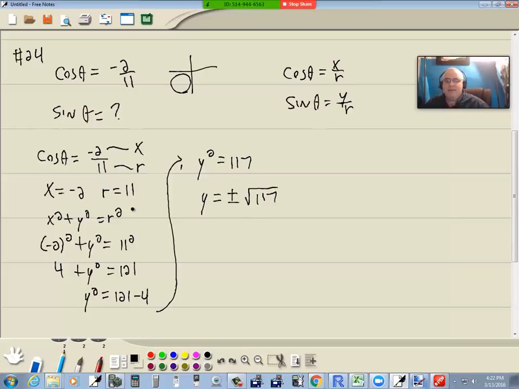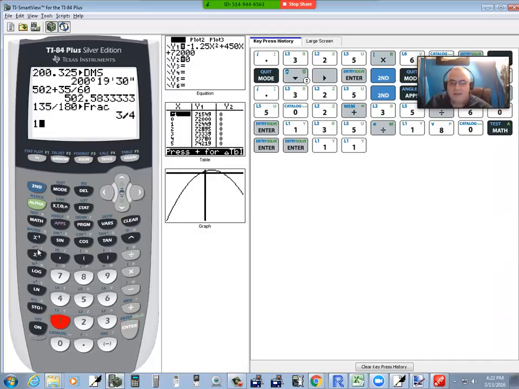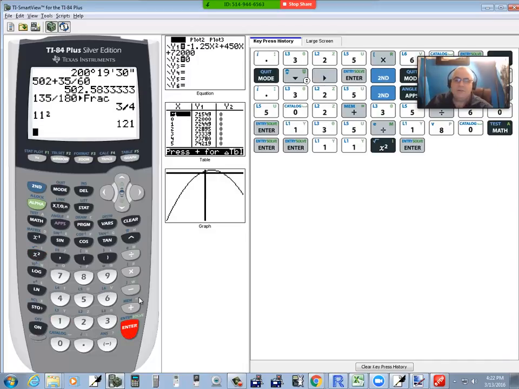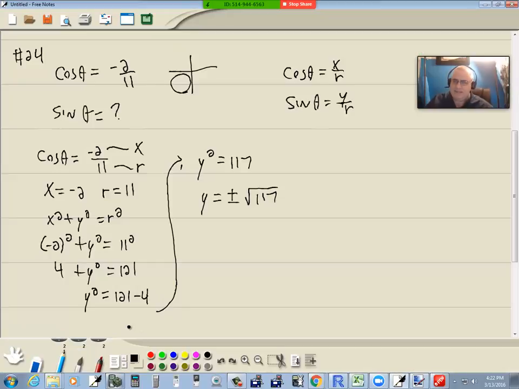Now let me double check my math. Okay, -2 squared is 4, 11 squared is 121. Minus 4. Okay, I guess it is a bizarre number. Now remember where we're at. We're in quadrant 3, and you have to think what your y values are down there.